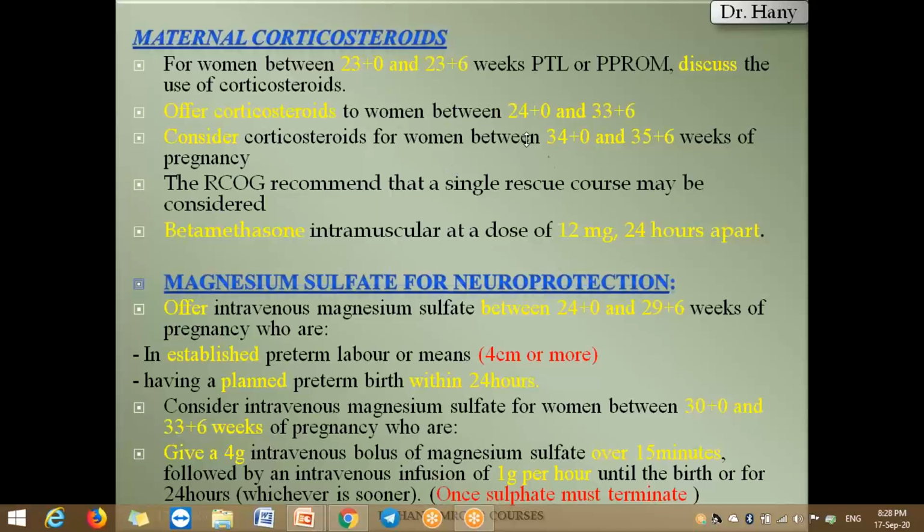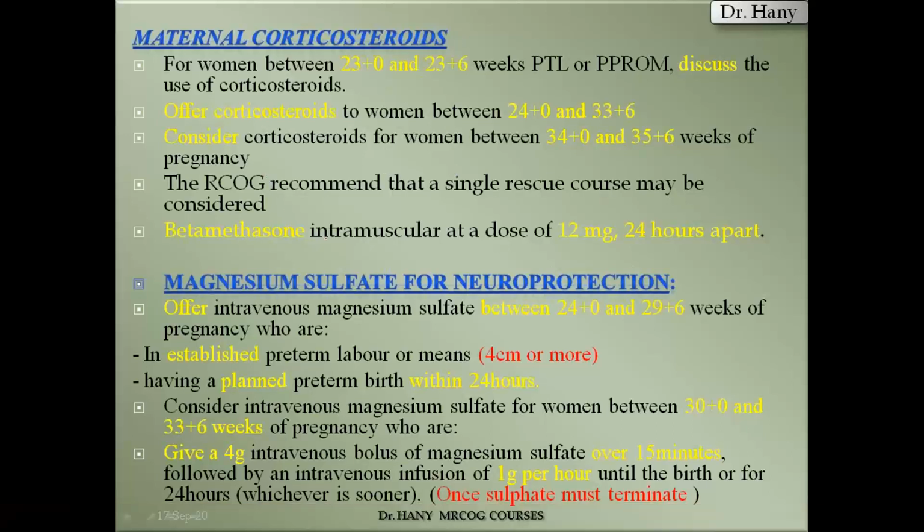If the woman is between 24 and 30 weeks, you will offer intravenous magnesium sulfate if she has established preterm labor, or if I will terminate her within 24 hours. If the age is between 30 and 34, I will consider giving magnesium sulfate.